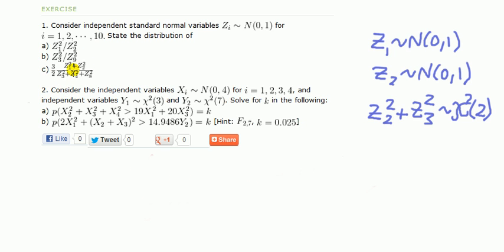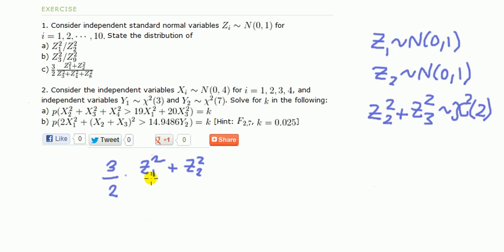Now, part C. When we see a ratio of standard normal squares added together, we're thinking chi-square in each of the top and bottom. Here you've got Z1 squared plus Z2 squared, so that suggests a chi-square 2. Let's write down the question: Z1 squared plus Z2 squared, both standard normals.